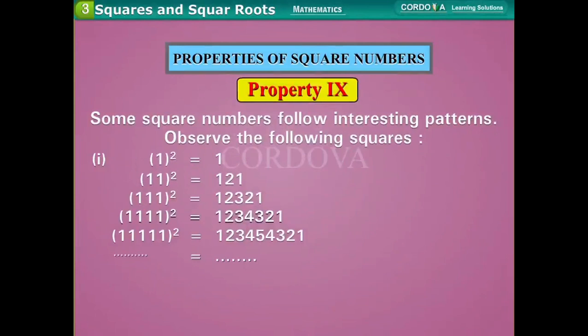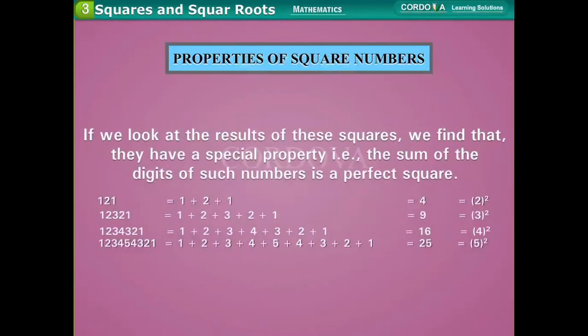Property 9. Some square numbers follow interesting patterns. Observe the following squares. 1 square is equal to 1. 11 square is equal to 121, 111 square is equal to 12321, and 11111 square is equal to 123454321. If we look at the results of these squares, we find that they have a special property.